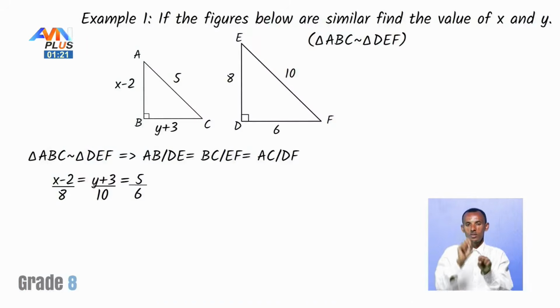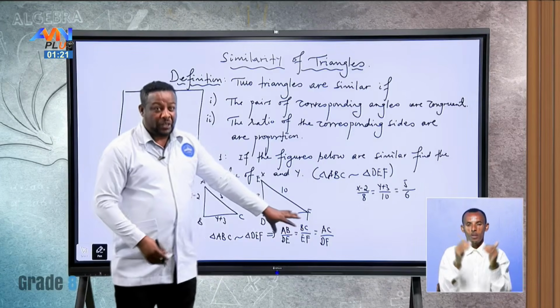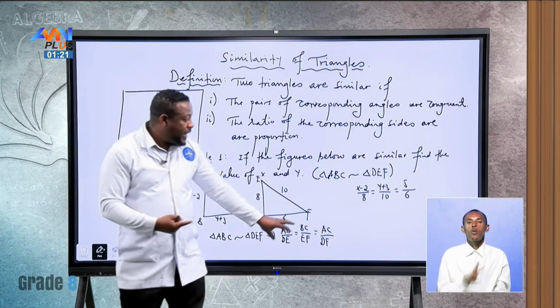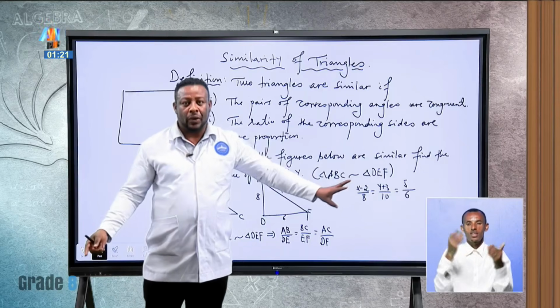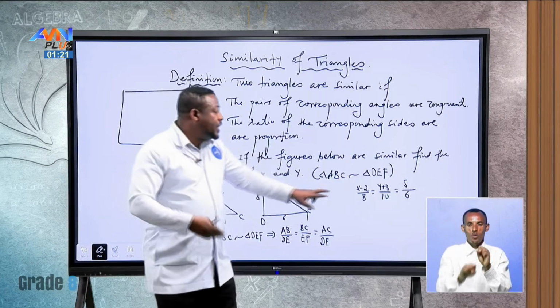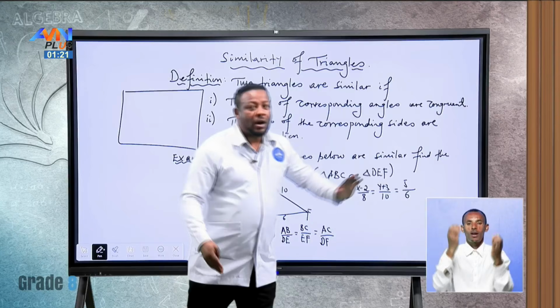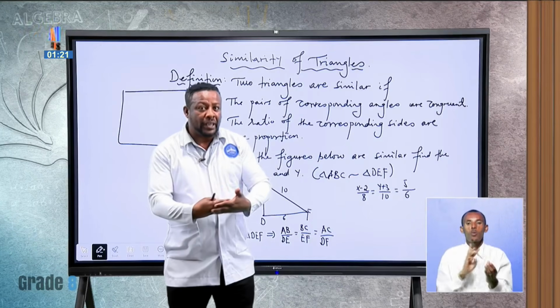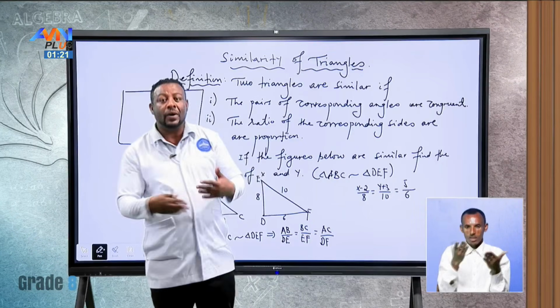So from these proportions, we can get these equations, okay? So taking the first part and the third part, we can equate these two things and crisscross, okay, to find the value of x.